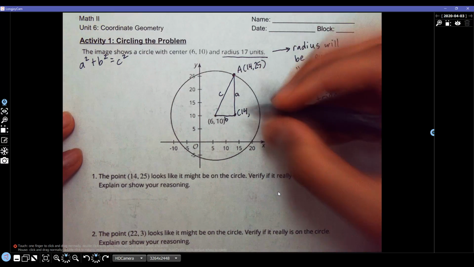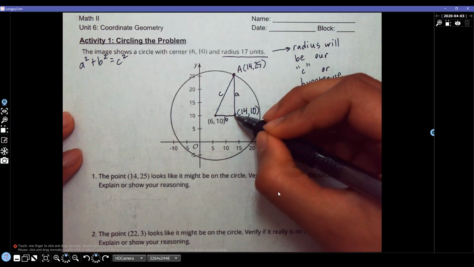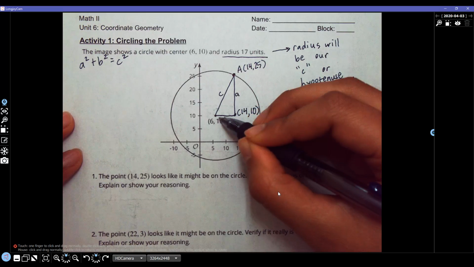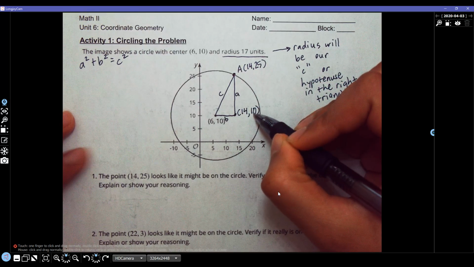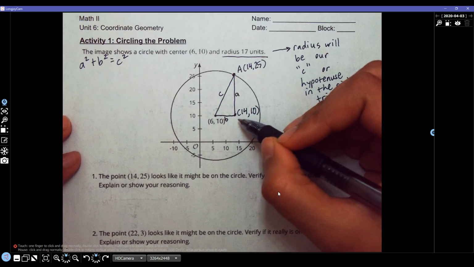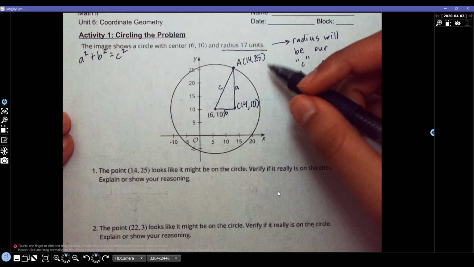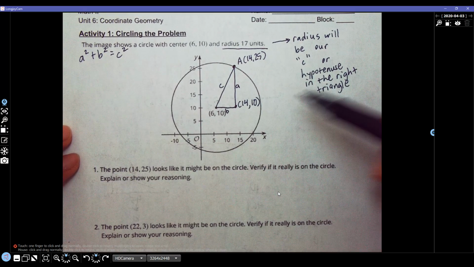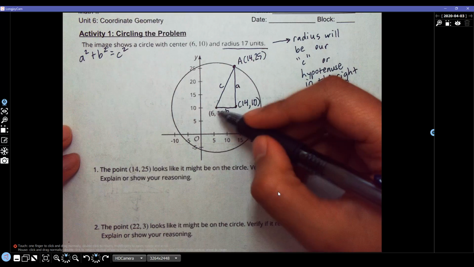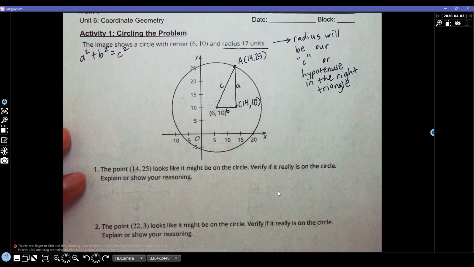We can infer that the y-coordinate is going to be 10 because it's on the same line as the center point, and they both have the same y value at 10, they just have different x values. So this coordinate pair is at 14, 10. Now that we have all the coordinate pairs in this triangle, we can start to find the side lengths. So pause the video and try to find the side lengths of A and B. You can look at your warm-up if you need a review.